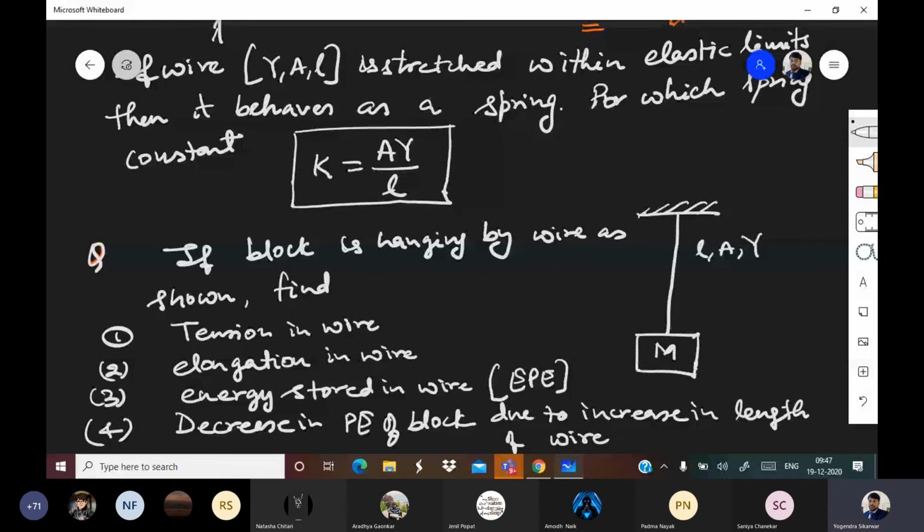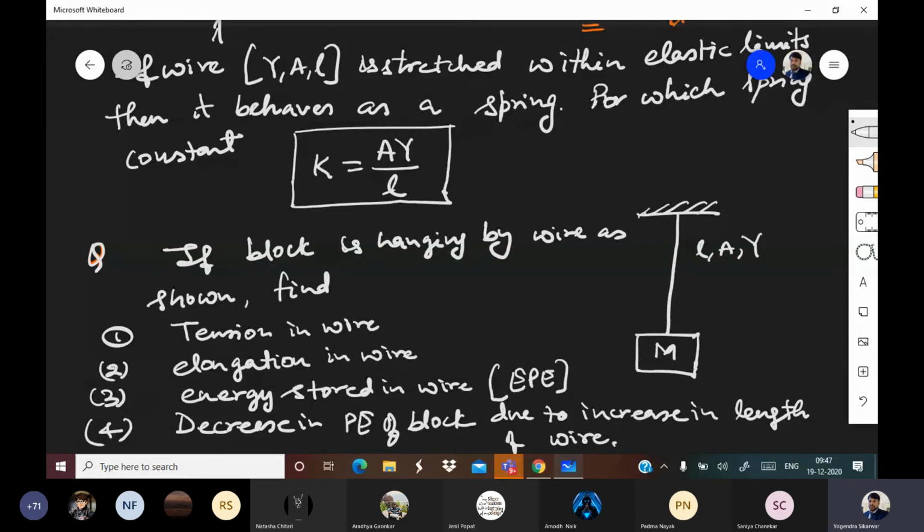So if you notice, so far we used to consider string or wire as unstretchable. Basically you could not stretch it, or its length was not increasing so far.